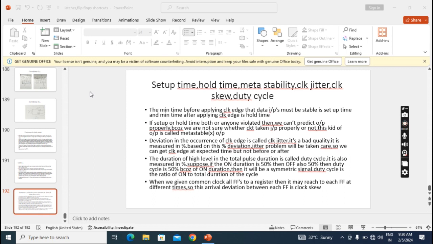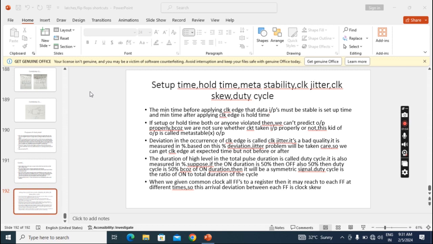For sequential circuits like flip-flops, we apply data inputs and a control input like the clock. Whatever data we are applying should be stable before the clock edge and after the clock edge for a certain minimum duration of time. Only then can the circuit take the input properly and produce output according to the input.